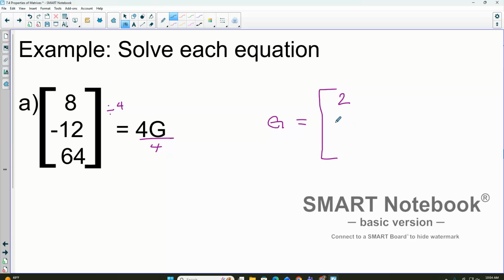So we get 2, negative 3, 16. Is that one okay?